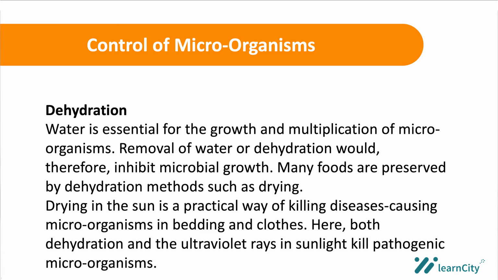Drying in the sun is a very practical way of dehydration, and it's a practical way of killing disease-causing microorganisms. We could dry our beddings and our clothes in the sun to kill the microorganisms in them. So in this method, we are using both dehydration and the ultraviolet rays in the sunlight to kill pathogenic microorganisms.